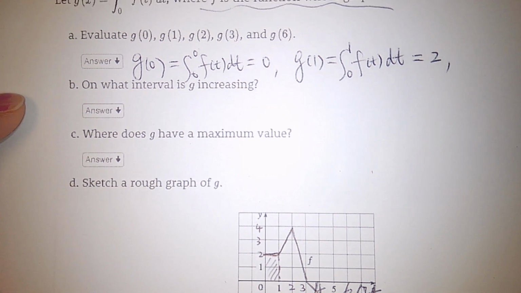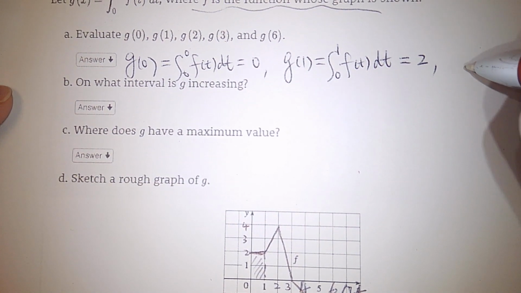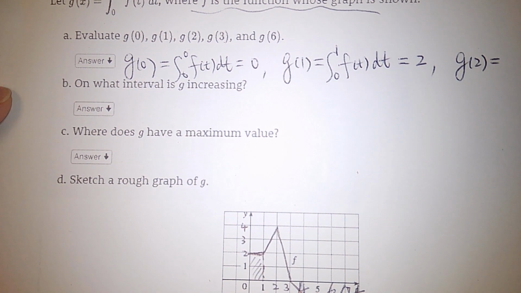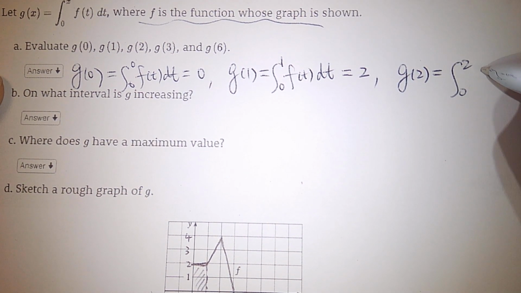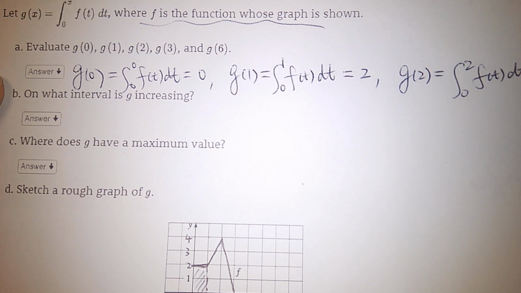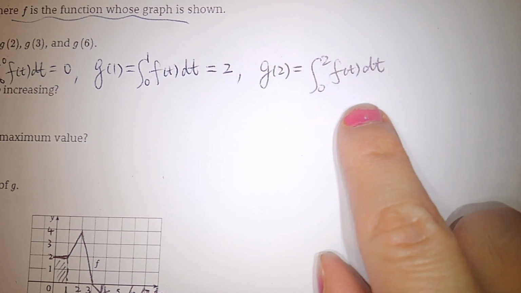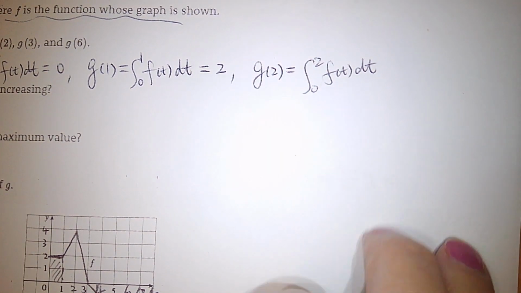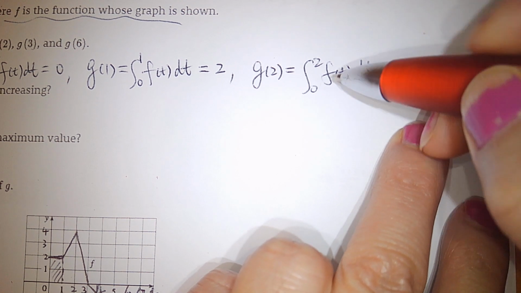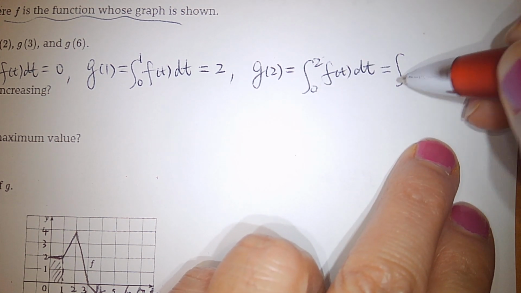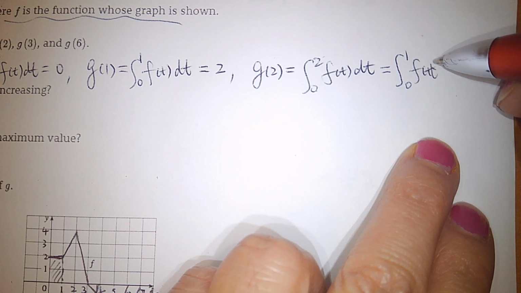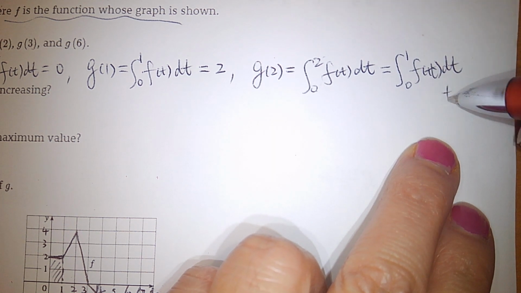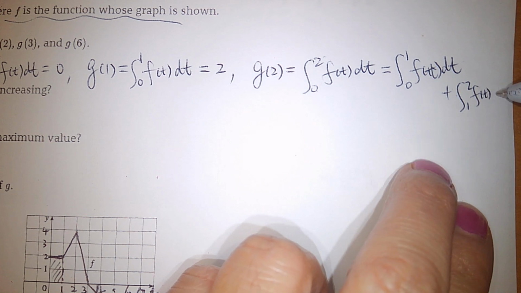Okay. Now let's check g of 2. If we write it down, it's the integral from 0 to 2 of f of t dt. Remember the property we learned for the integral: from 0 to 2, we can define it as the integral from 0 to 1 of f of t dt plus the integral from 1 to 2 of f of t dt.